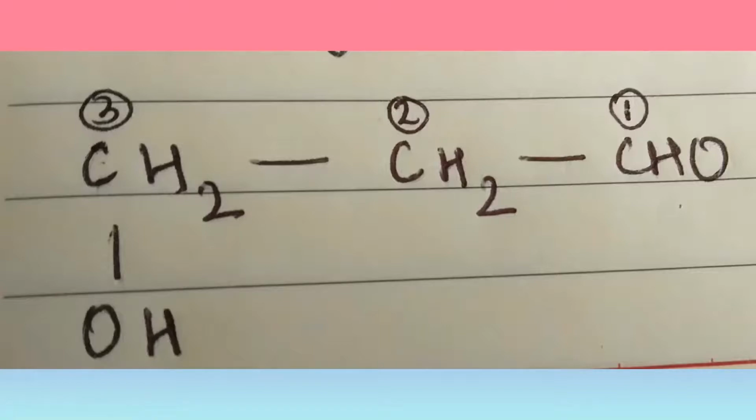Whenever you have two important priority groups present, the one with the lower priority becomes our substituent, and the one with the higher priority becomes the functional group. I call these a clash of titans kind of compounds, because you have two strong priority groups.